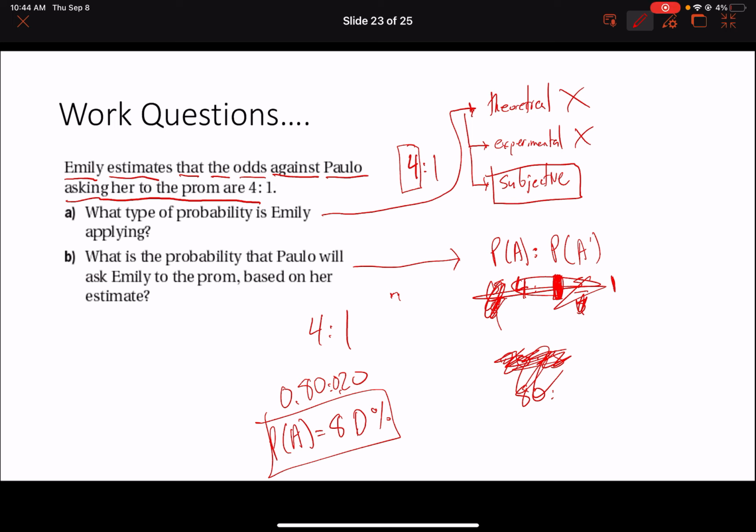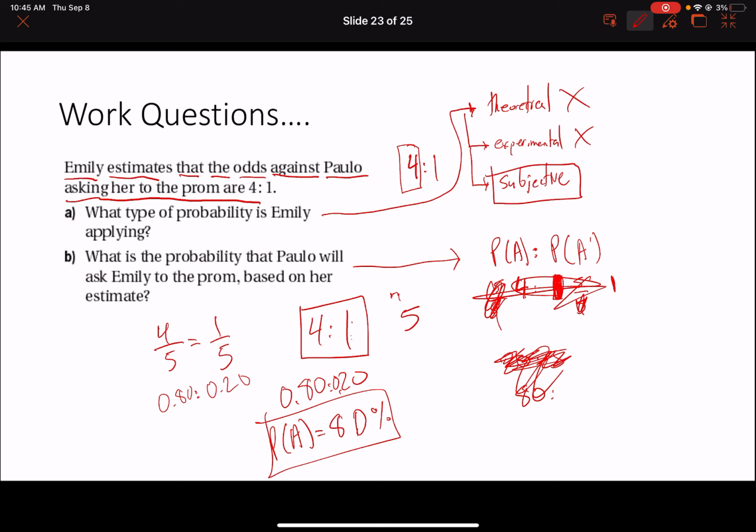Now, how did I know to multiply both sides by 20? I want to get this, because the whole represents 5, right? So essentially this is 4 out of 5. There are 5 possible outcomes, and 1 out of 5. In fact, if we divide 4 by 5, we'll end up getting 0.8 to 0.2.